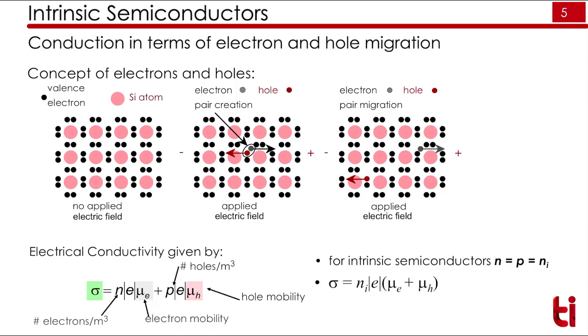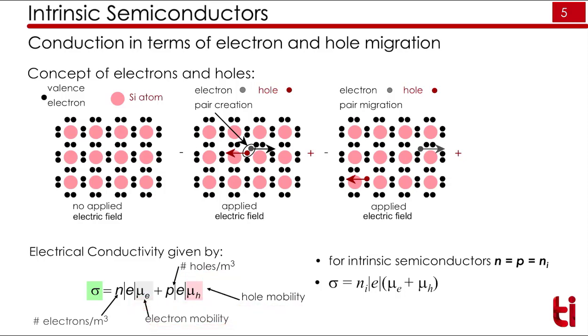If you want to find the conductivity of a semiconductor, we have to use the mobility of both electron as well as hole. That is given by sigma equals N e mu_e plus P e mu_h. Here N is the number of electrons per meter cube, P is the number of holes per meter cube, mu_e is the mobility of electron and mu_h is the mobility of hole.